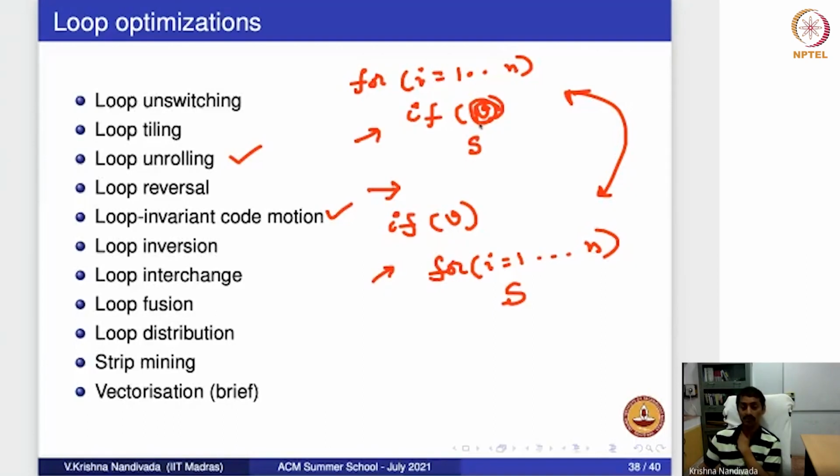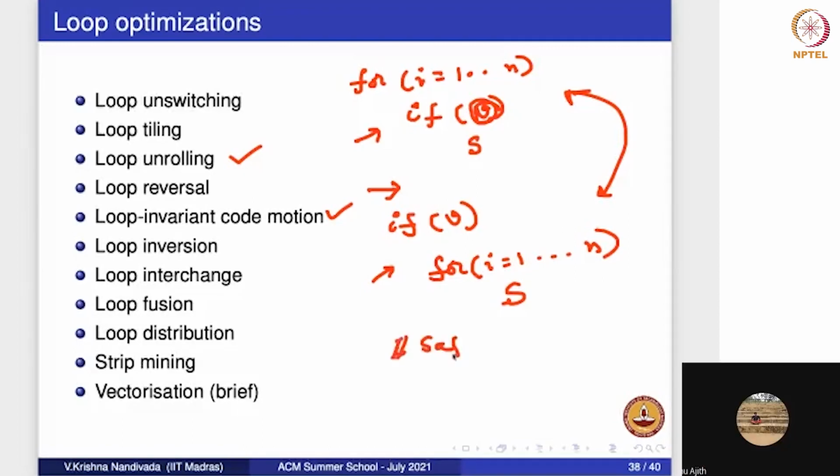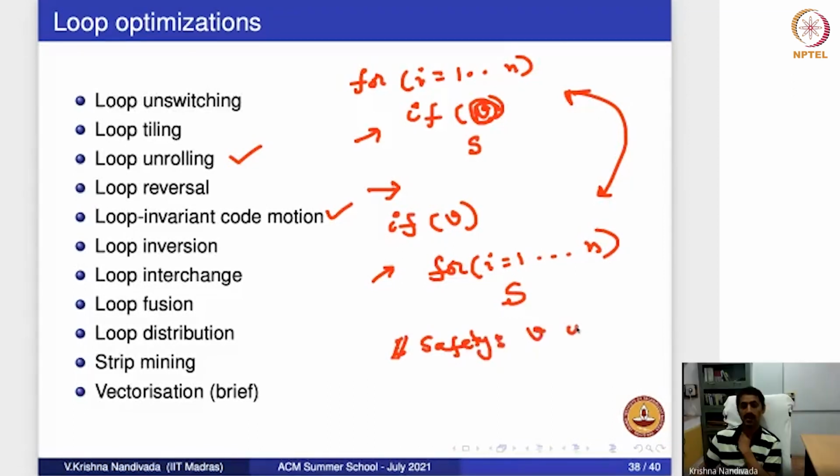So now the question is, when can you do this transformation? Can someone tell when can I move it out? If the value of V isn't really affected by the loop, what happens in the loop? Yeah, V is loop invariant.